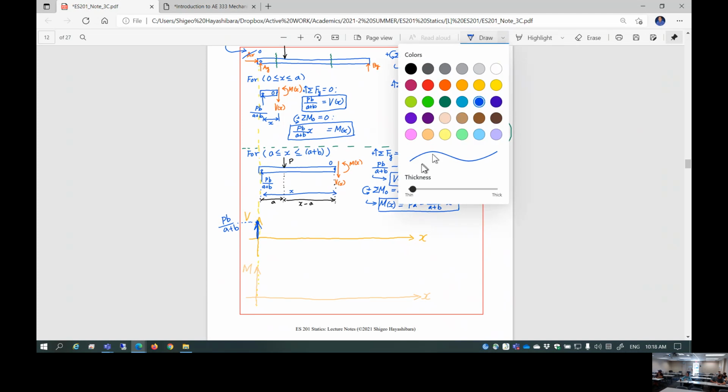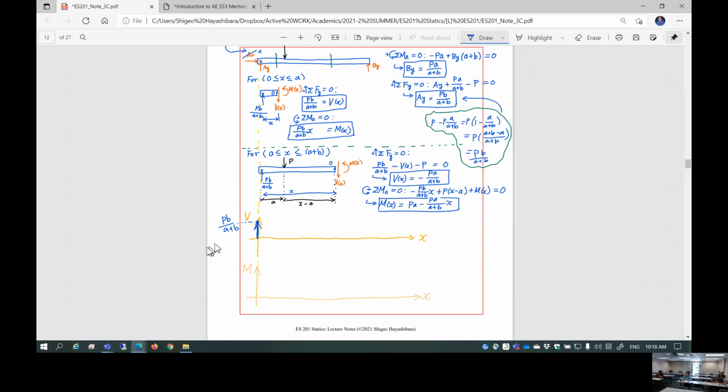And shear is going to be constant until you hit this external loading P. If you see external loading P, you have a jump of shear. How much jump do you have? P. So you're going to jump down shear this much, P.